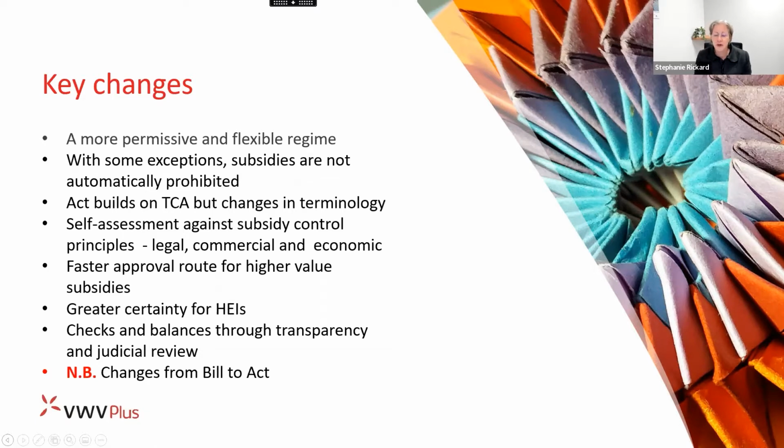Now, one of the requirements under the new regime is for contracting authorities and donor grantee public bodies to carry out a self-assessment against subsidy control principles. Now, these are quite wide. They cover legal and commercial and economic issues.